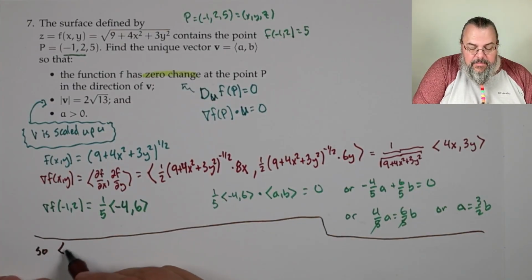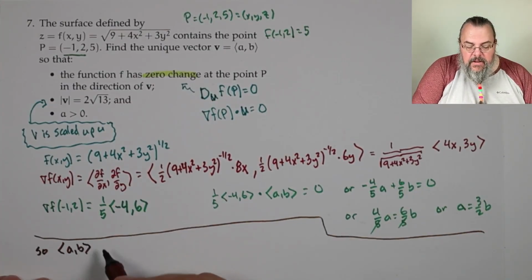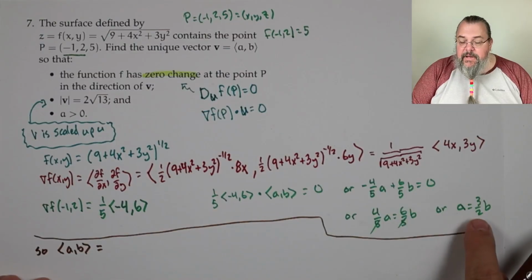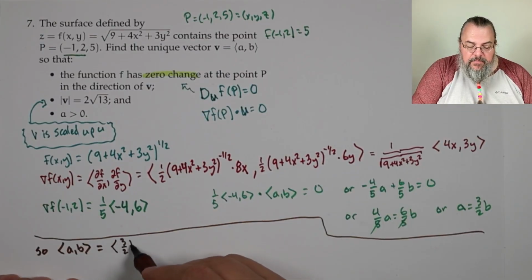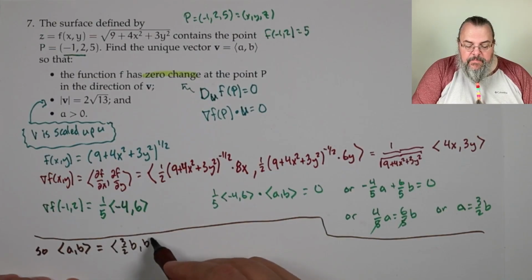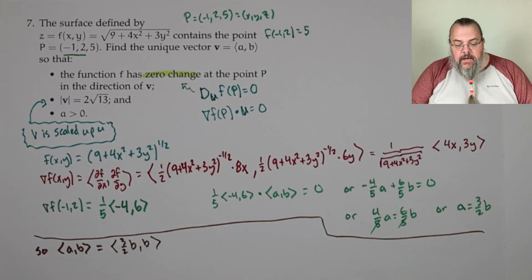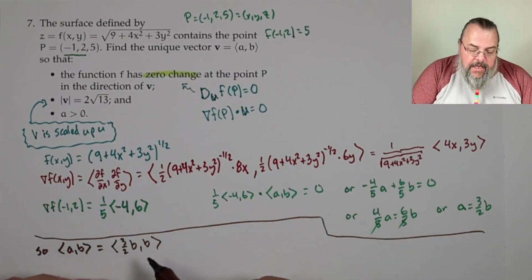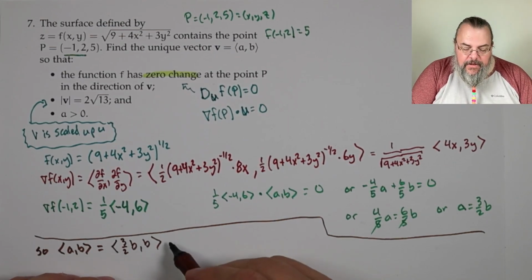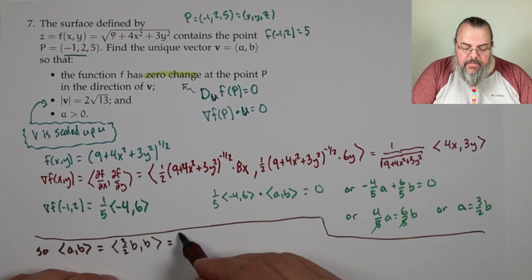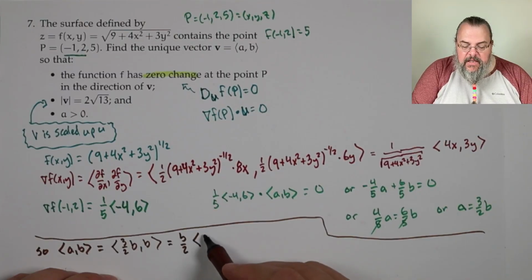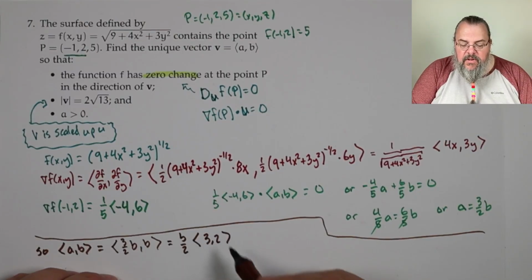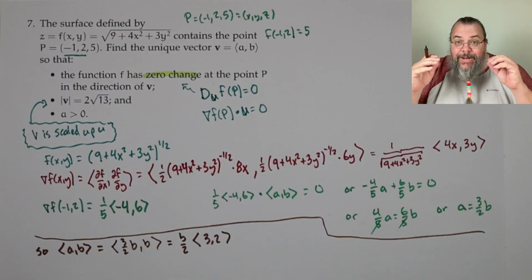Our vector (A, B) looks like, I can replace A by 3/2 B, comma B. And now what can we do? Well, we can actually pull out some term. So I'm going to write it as B over 2. I'm going to pull out B halves. And if I do that, I get (3, 2).